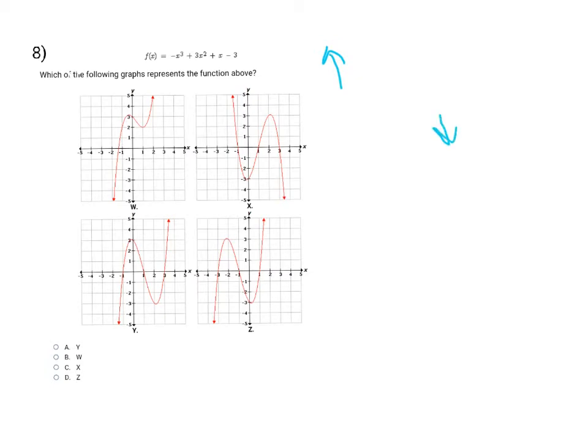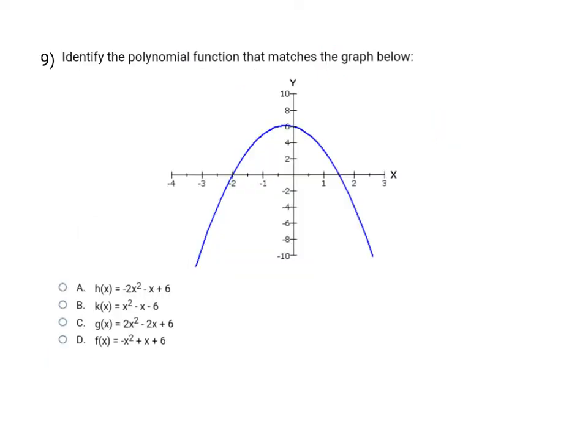So it's an odd, the 3 is odd, so that means my ends are going to go in different directions, just like we looked at in the notes. And since it's negative, they go decreasing. So the only one here that has the right end behavior is graph X. So that makes my final answer C.